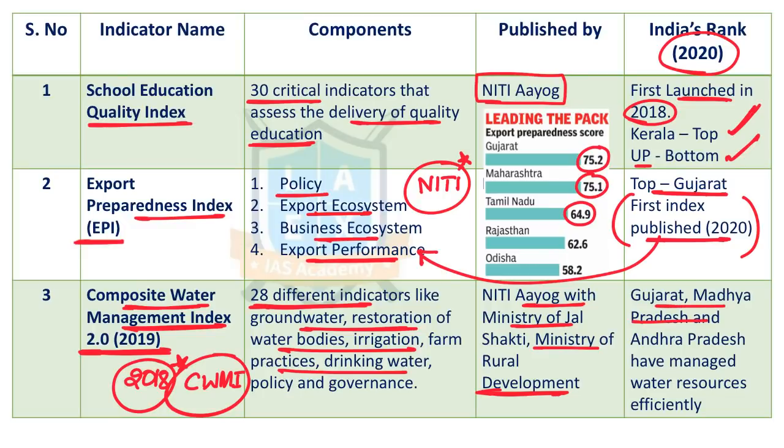Gujarat, Madhya Pradesh and Andhra Pradesh have managed water resources efficiently under this recent index, Composite Water Management Index 2019.